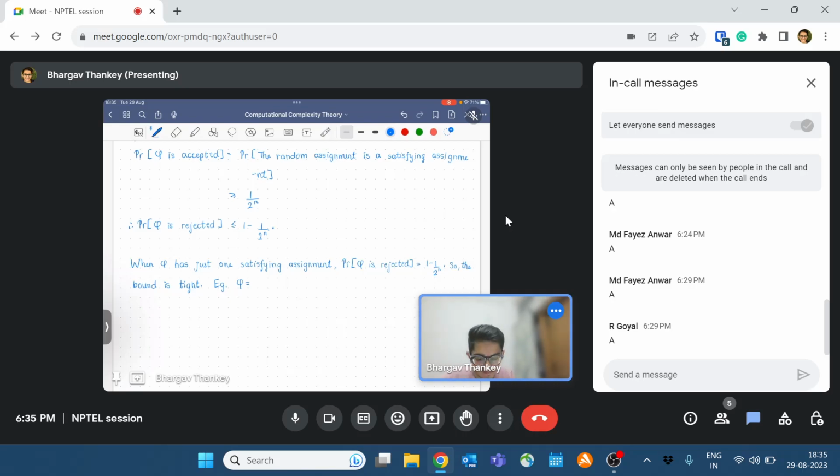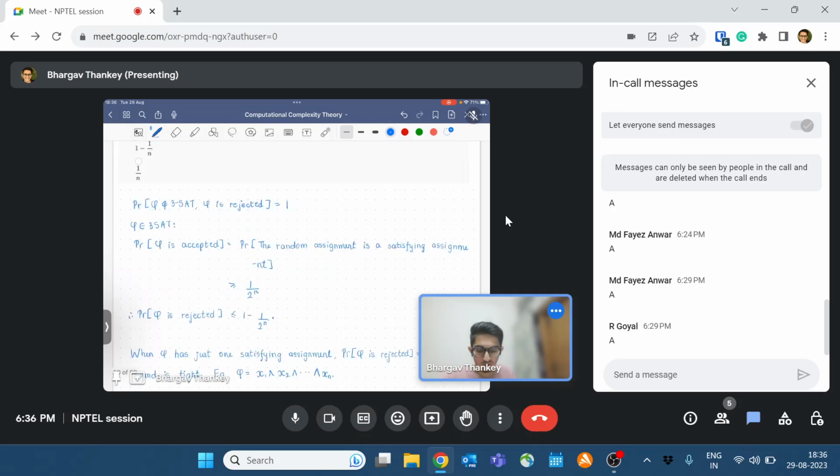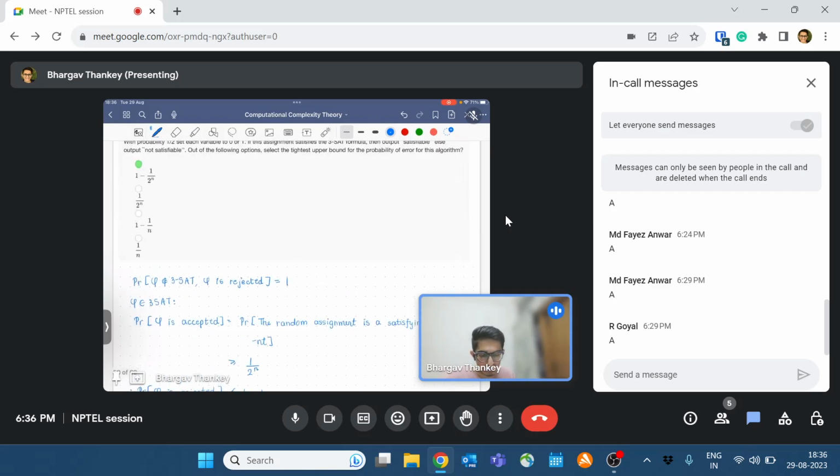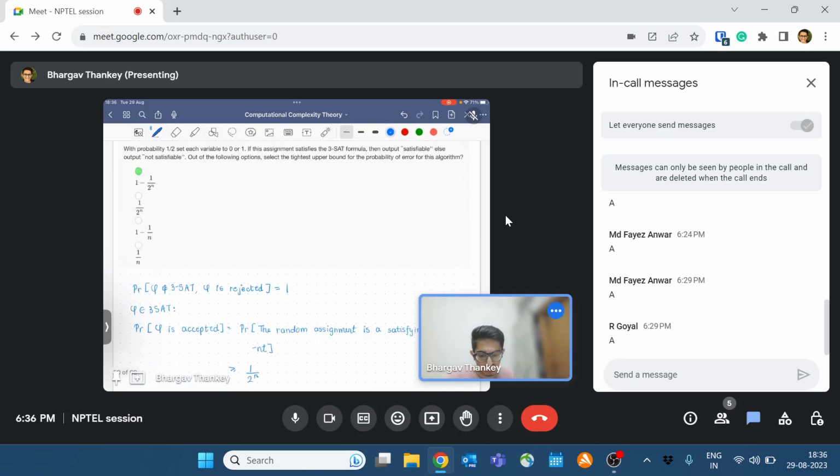All variables set to one, so there is only one satisfying assignment, everything is one. Yeah, so not only is 1 minus 1 over 2 to the n an upper bound, it's a tight upper bound.